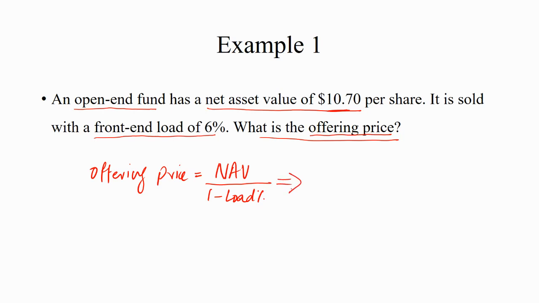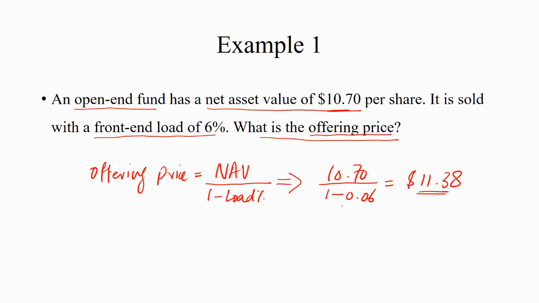So let's put the values and see what we get. So the NAV is 10.70 divided by, we have a front-end load of 6%, so we can write 1 minus 0.06, and we get 11.38 as the offering price.